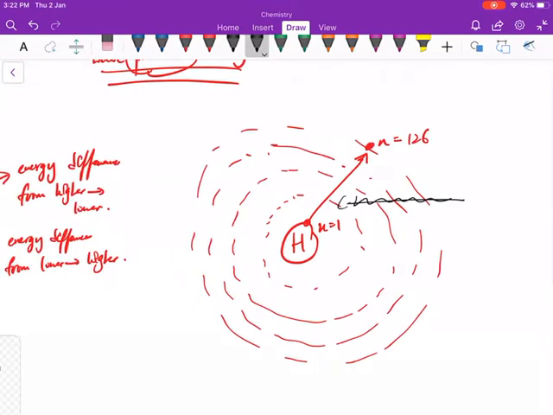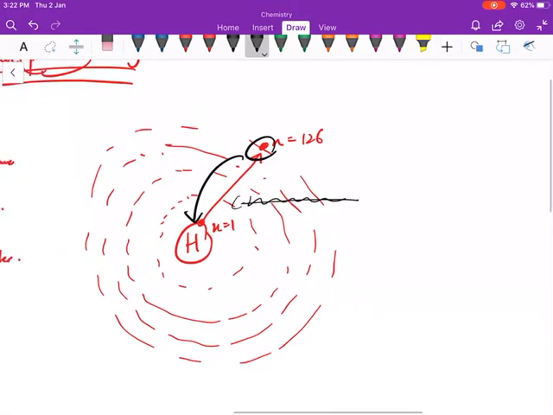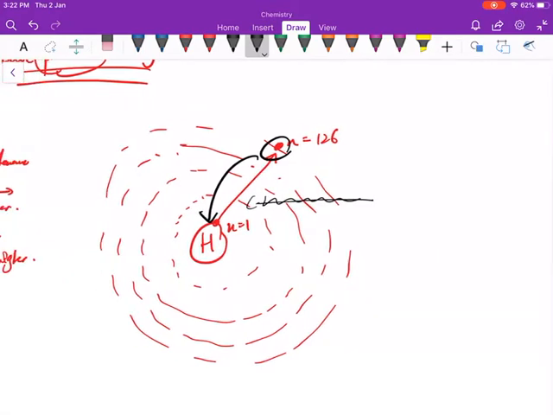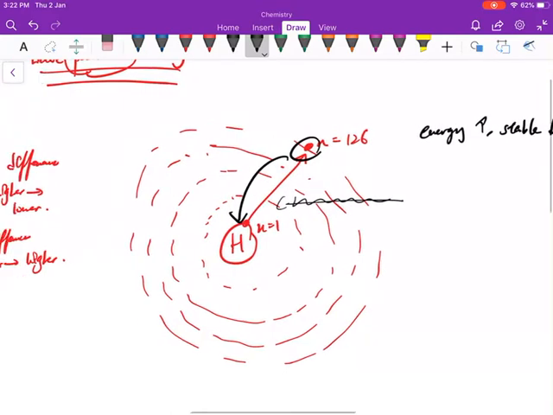Similarly, for emission spectra, it is when the electrons are excited and they try to jump back to the lower energy level. We know that in chemistry, the higher the energy level, so the more energy you have, the less stable you are. So electrons prefer to be in a lower energy level, and hence when they're excited, they drop back down.